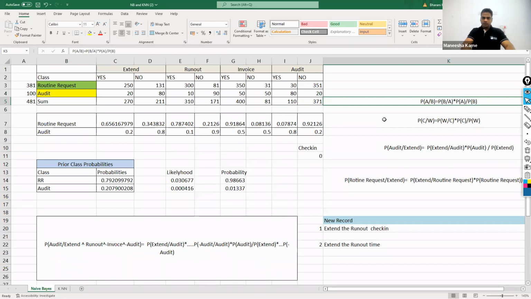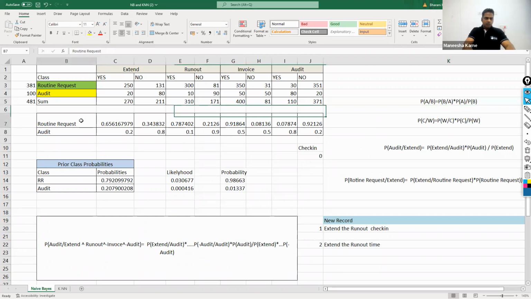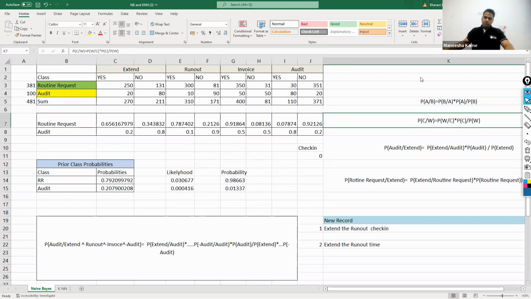Okay. Now we need to proceed further and do some calculations. First of all, if you look at this formula, what is the probability of a class given a word? It means, given that I have the word extend, what is the probability that it will belong to audit?